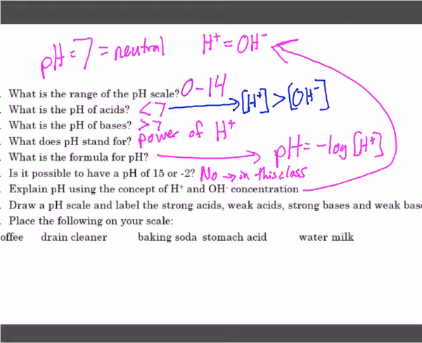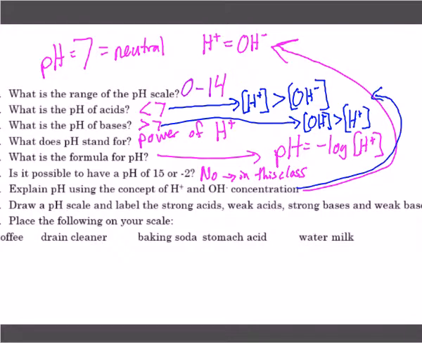That should make sense because acids produce H+, so that ion should be more than the base ion, which is hydroxide. If you have a pH of bases greater than 7, though, what's it going to be? OH minus is going to be greater than H+. And like I said, we will go more in depth with this when we get back and do the math from break. Right now, we're just going to talk about it at a conceptual level.